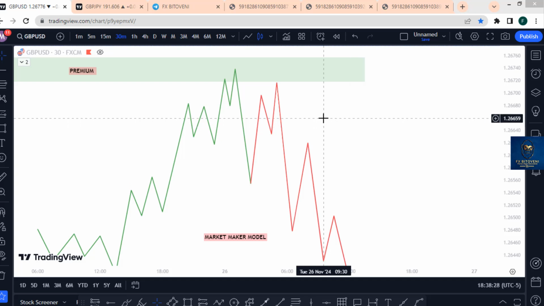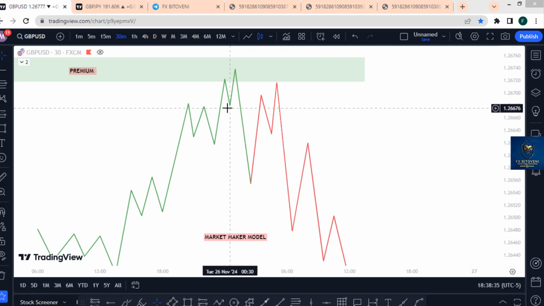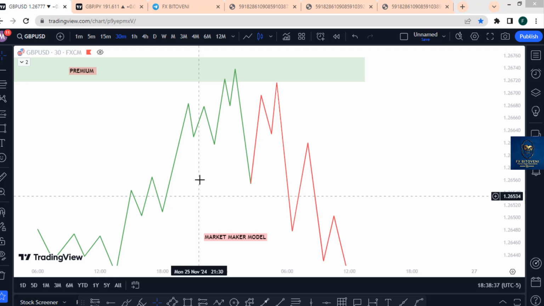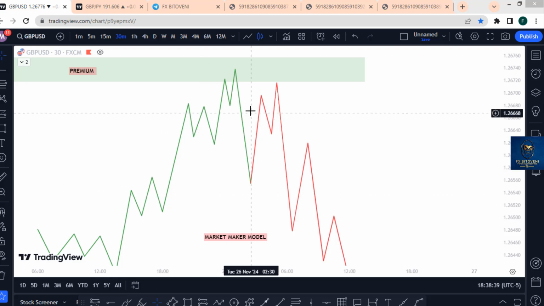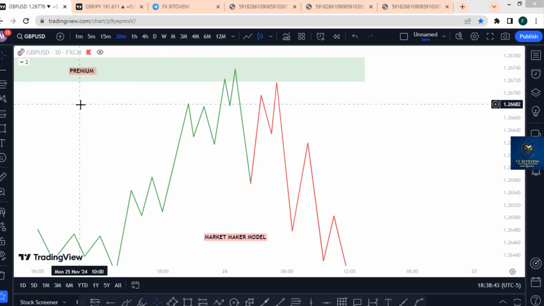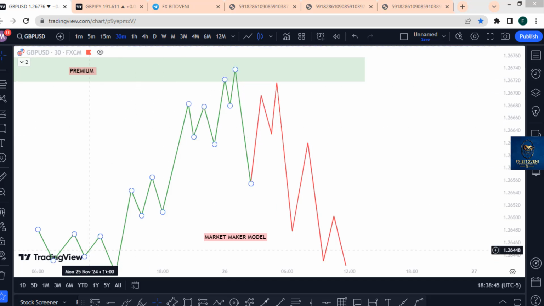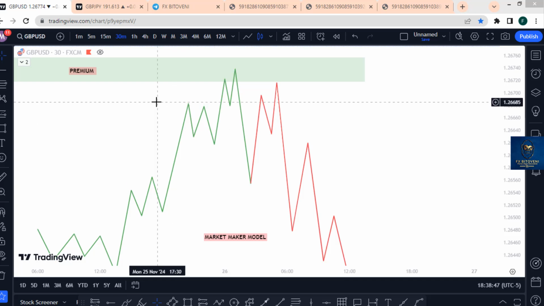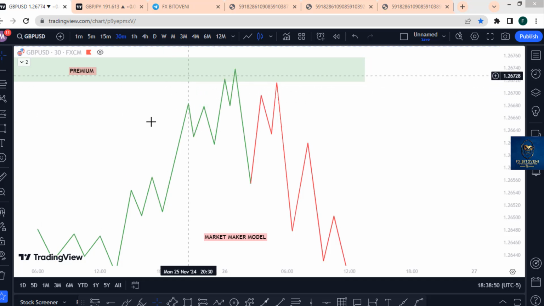So this is the smart money sell model. Based on your analysis, assume that you have a higher time frame point of interest and the market is creating a pullback in that zone, in the premium zone.